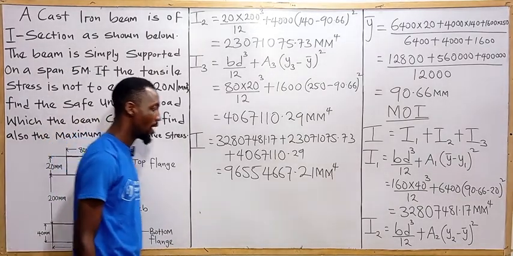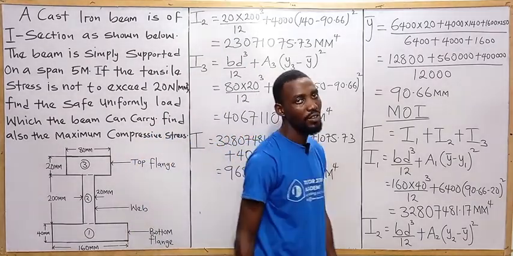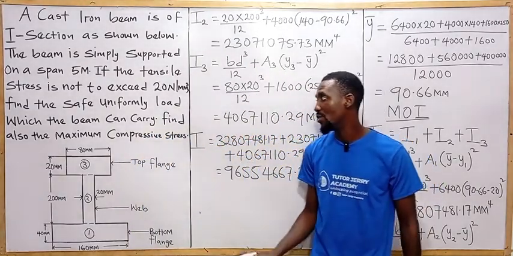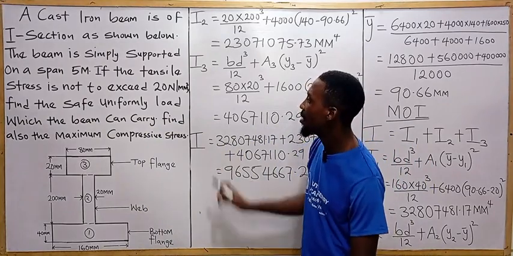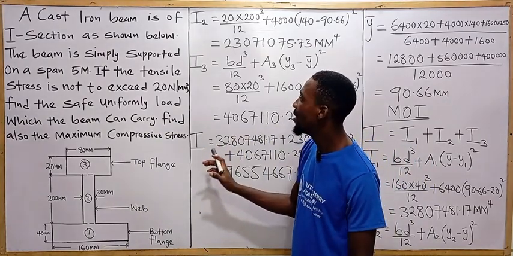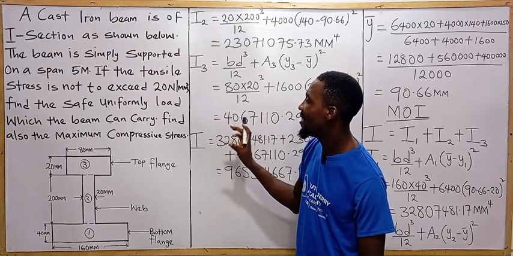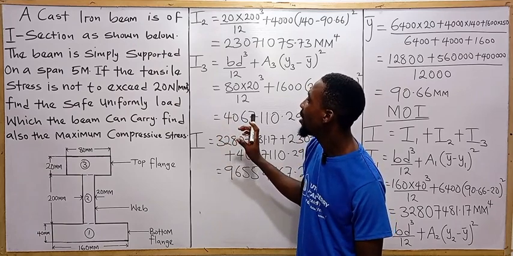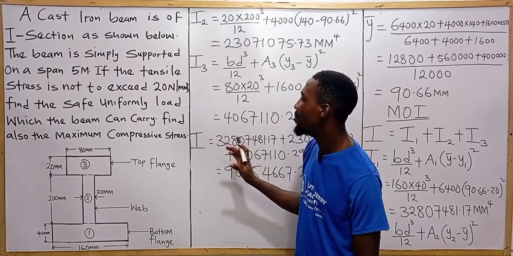All right, so now that we have gotten all this stuff, we can dive into the question. The first question says you find the safe uniformly distributed load which the beam can carry.